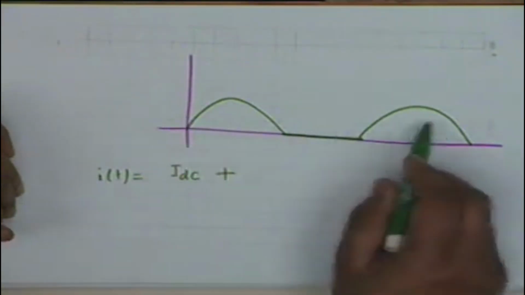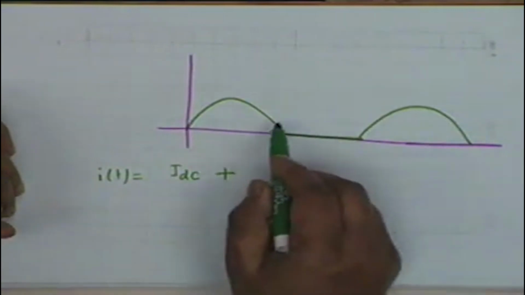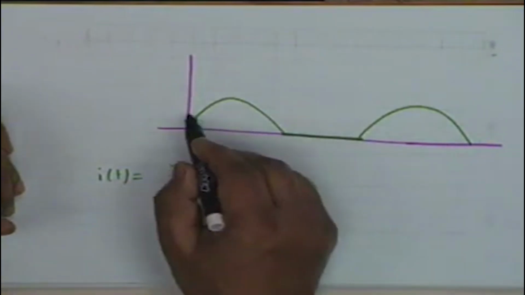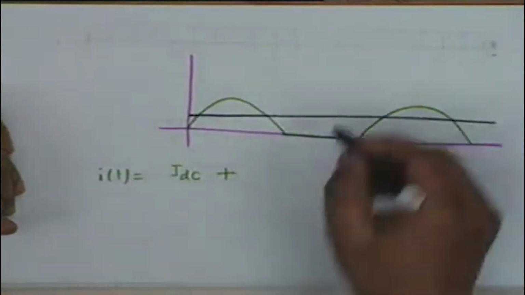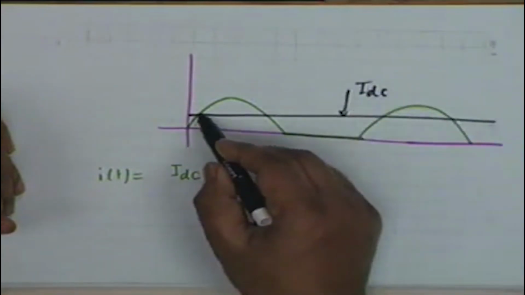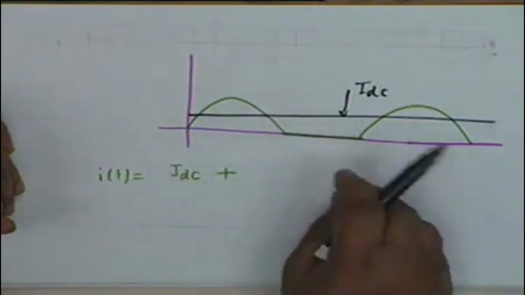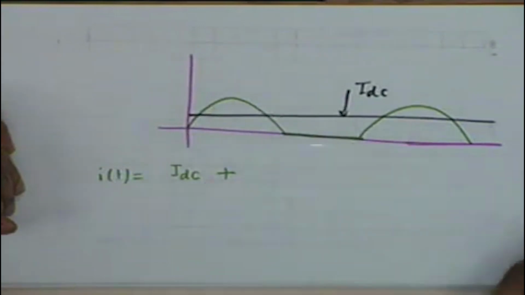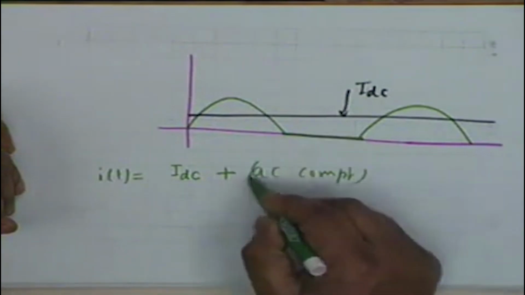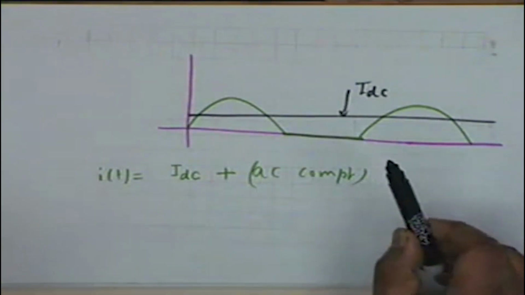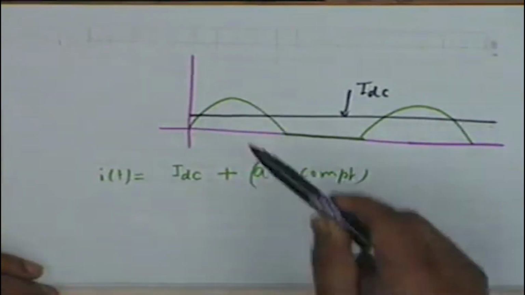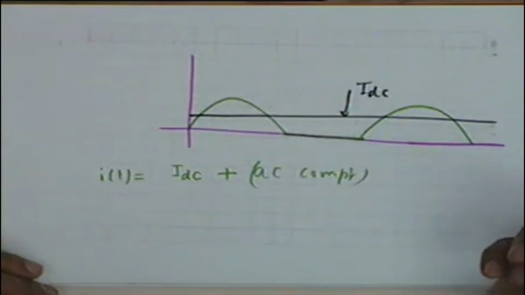If I take out the average value, suppose this is my IDC level, then the current will be positive here. The AC component represents the green curve minus the black curve, and therefore it can go positive as well as negative.